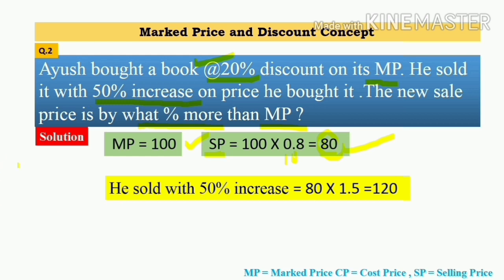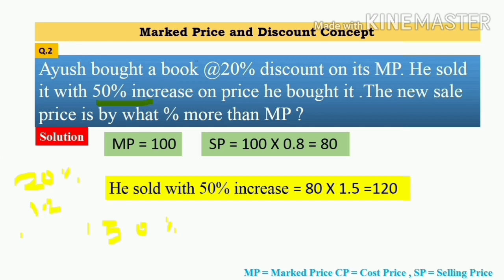Now please remember this: whenever in the question 50% increase or 50% more is given, we will write it as 1.5. Similarly, if in the problem 20% increase is given, we will write it as 1.2.